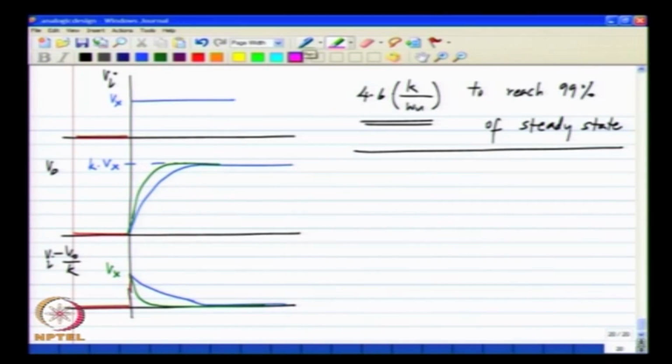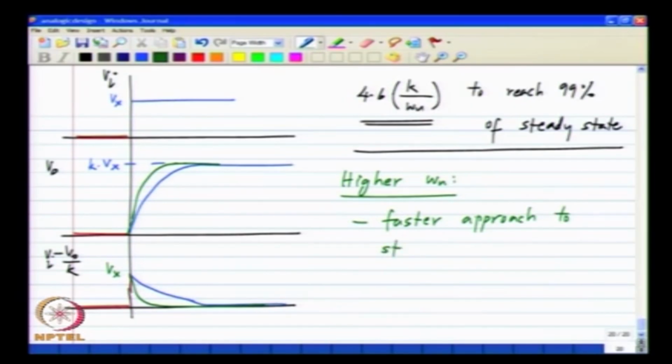So, if you want to reduce the energy of the error, by energy I mean the area under this curve, you have to increase the value of omega u. A higher value of omega u means a faster approach to steady state.